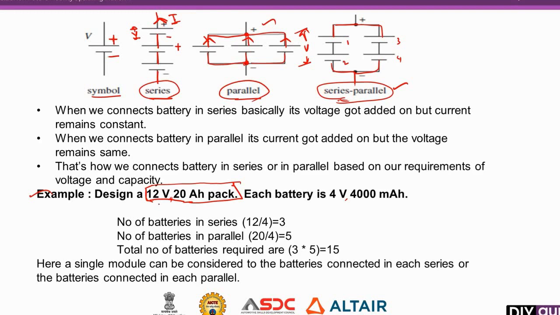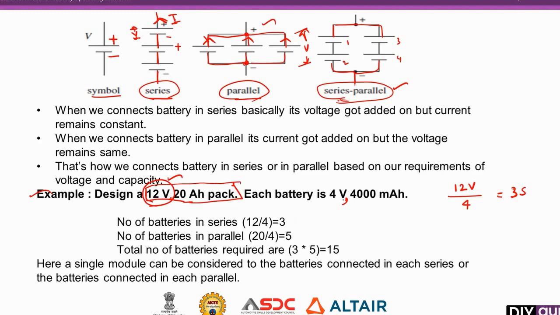You take this voltage, this is 12 volt. The voltage capacity is nothing but the nominal voltage. Here it is given as 4 volt. So you take the total voltage required divided by the individual nominal voltage. If you divide these two, we will get how many cells must be connected in series. So here 3 cells must be connected in series to get this 12 volt.